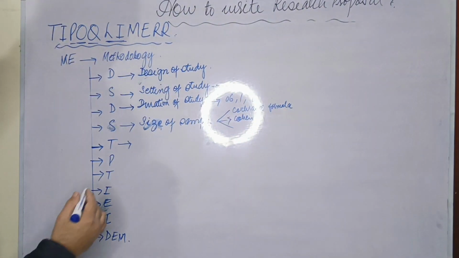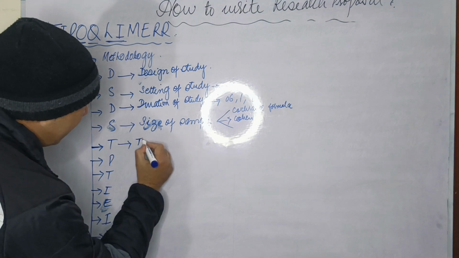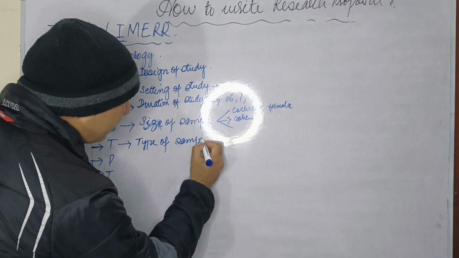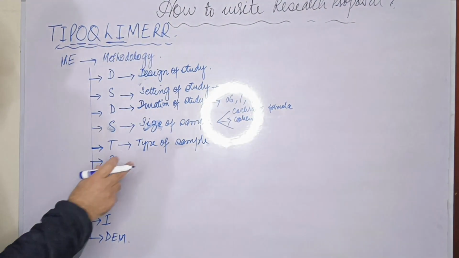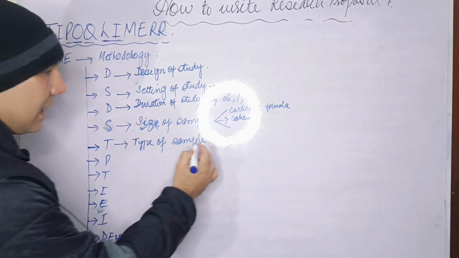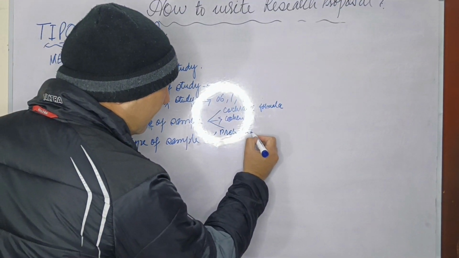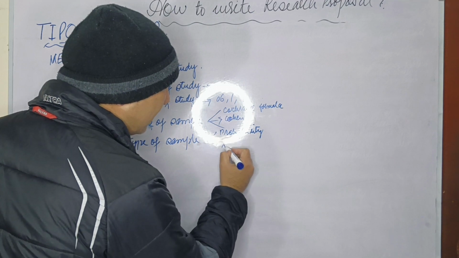Now the first T is the type of sample. Which type of sample will you use to collect this sample size? Either probability sampling or non-probability sampling.